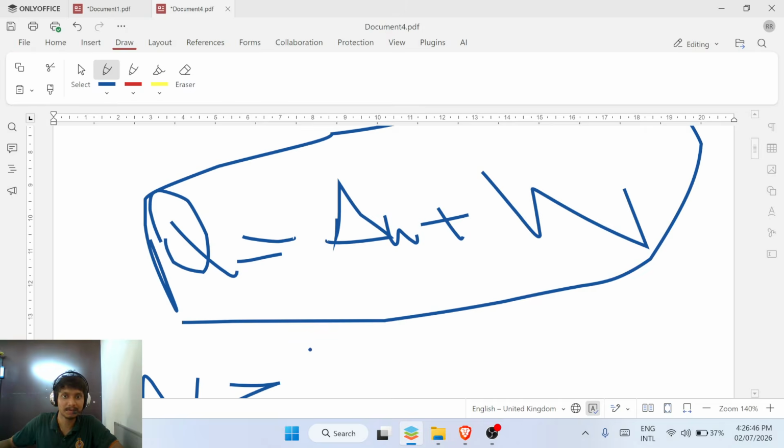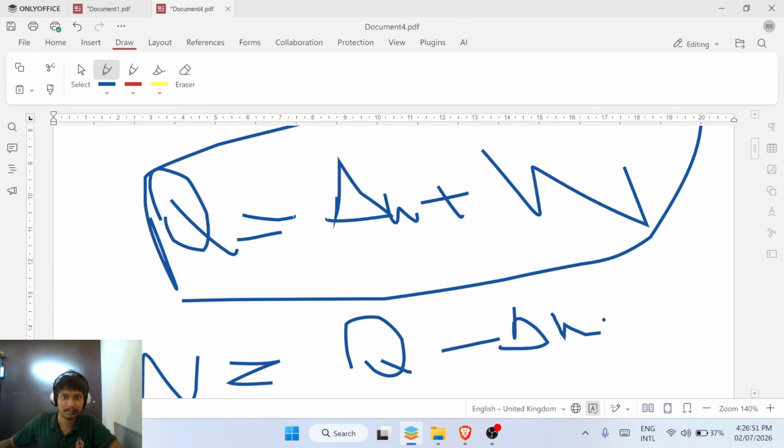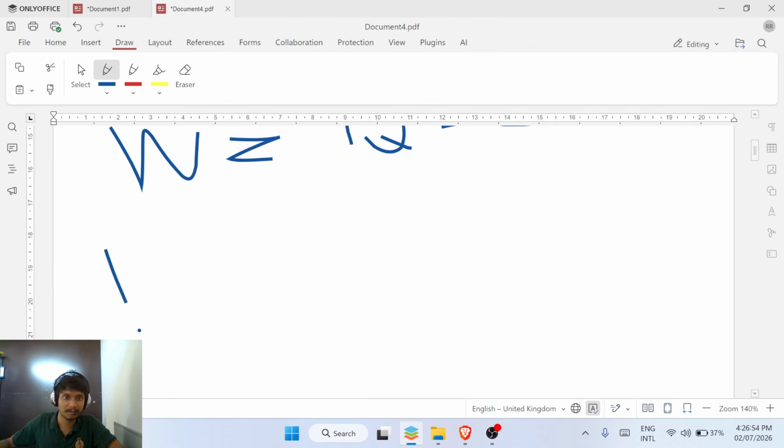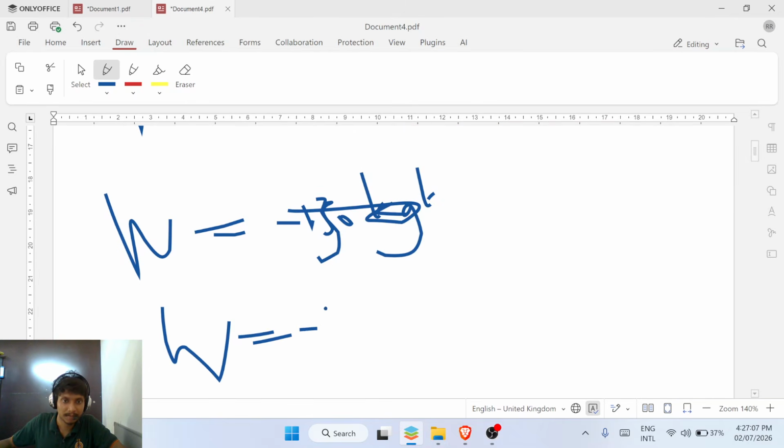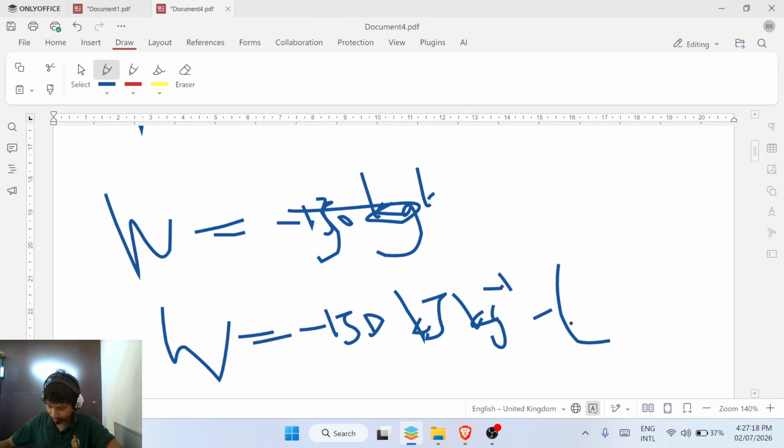Therefore, W is equal to Q minus delta small u. W is equal to minus 150 kilojoule per kilogram minus delta u. Delta u is minus 400 kilojoule per kilogram.